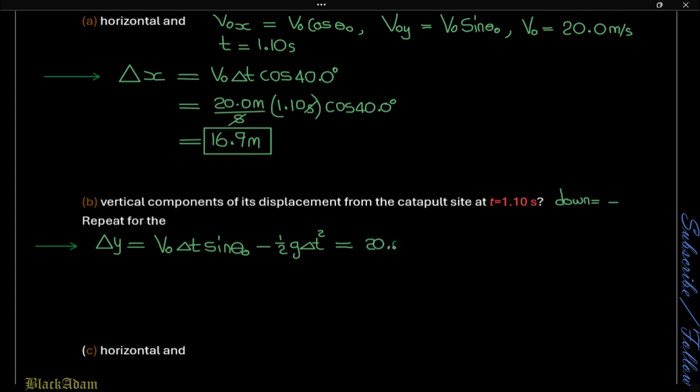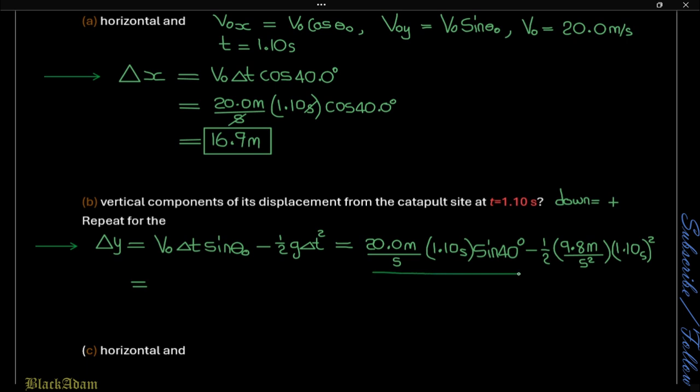That's 20.0 meters per second multiplied by 1.10 seconds times sine 40 degrees, minus half of 9.8 meters per second squared multiplied by 1.10 squared.